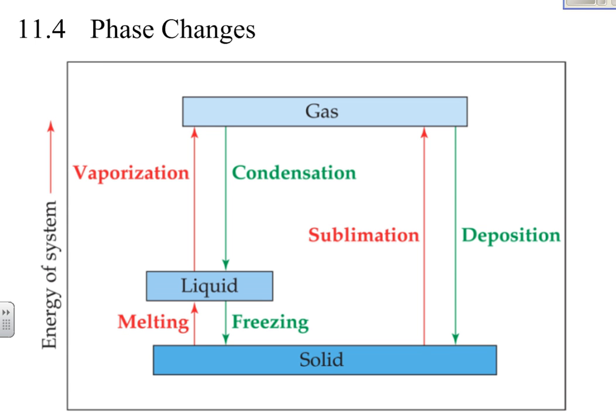And in order to take things down, we would remove energy so that the attractive forces could then pull those molecules closer together. So going gas to liquid and liquid to solid. And then, of course, the less common situation of sublimation, going from solid directly to gas, or deposition, going from gas directly to solid.